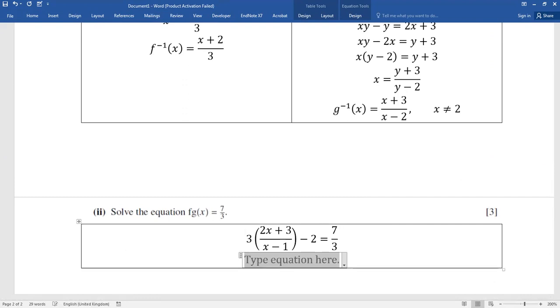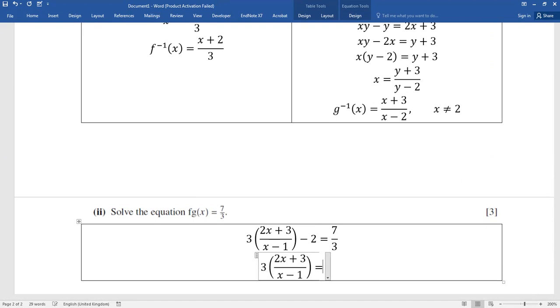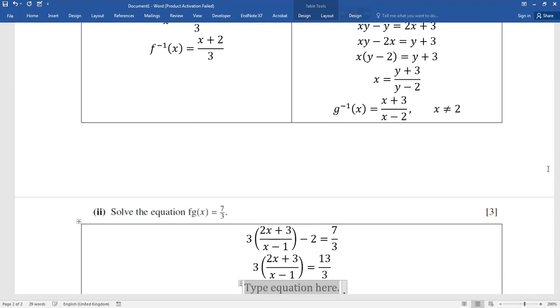So 3 and then 2x plus 3 upon x minus 1 is equal to, 2 goes on the other side, it is added. 7 over 3 plus 2 is 13 upon 3. Then this 3 is being multiplied.